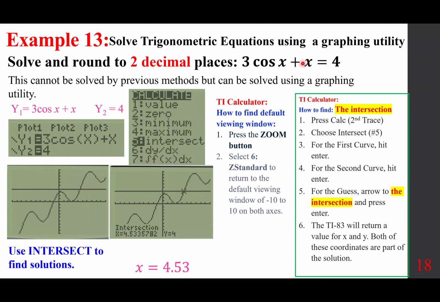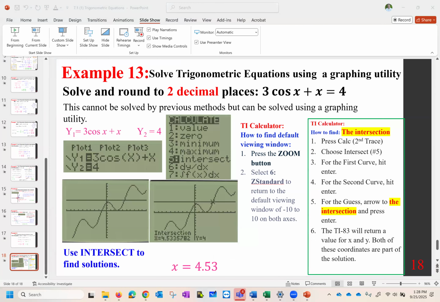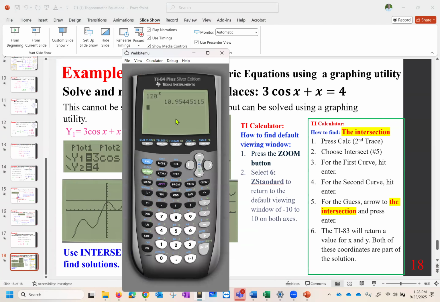When you want to solve this, you're interested in finding the x coordinate, everybody, which is 4.53. So that is the calculator.